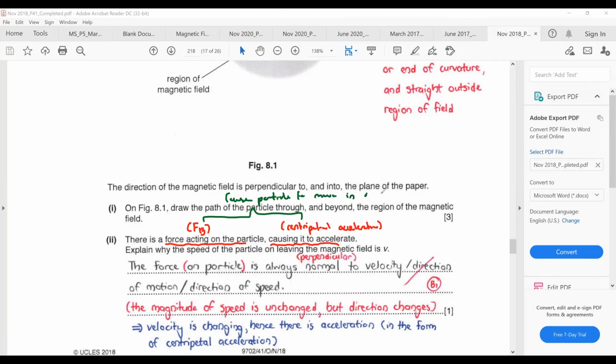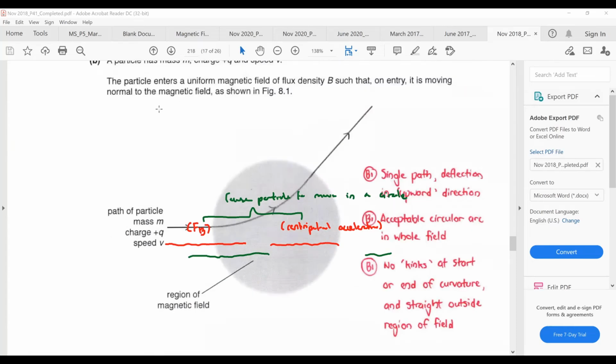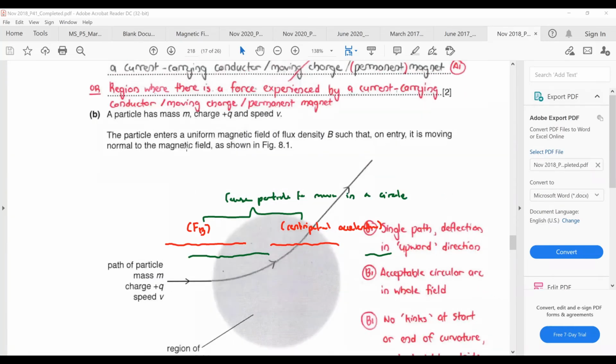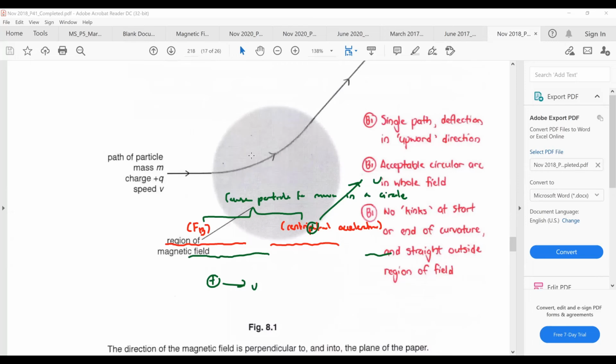Alright, so the next part of the statement told you to explain why the speed of the particle on leaving the magnetic field itself is v. Just now, when you look at this one, your charged particle enters with speed v. Why is it that when it leaves the field, it's also speed v? Okay, that's what the question wants to know.